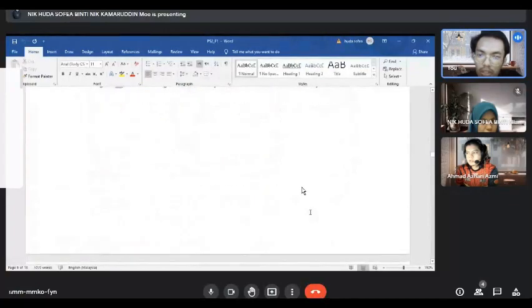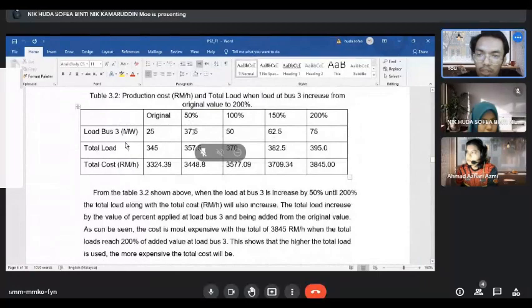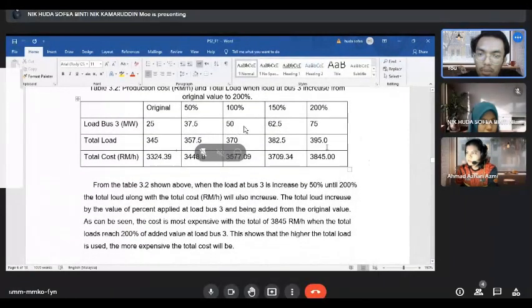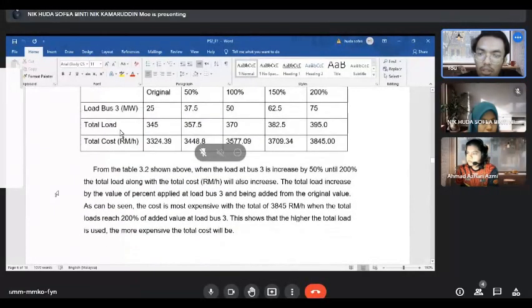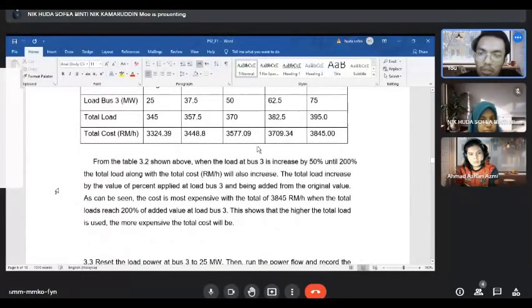You can see the increase for the load at bus 3: 30, 35, 37.5, 50, 62.5 and 75. The total load also increased from 345, 357.5, 370, 382.5, 395. So the total cost will also increase because both the load at the bus and the total load are increased.